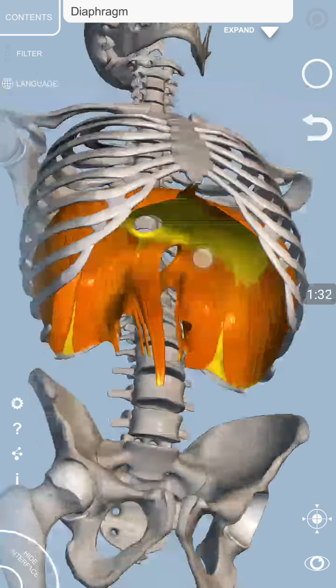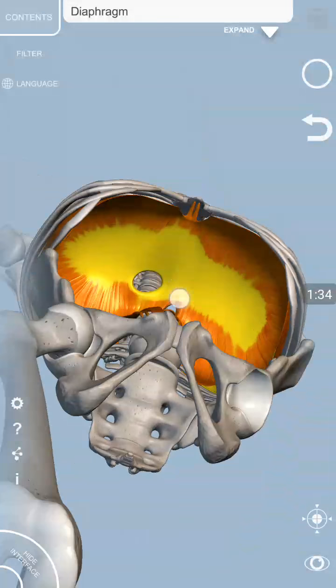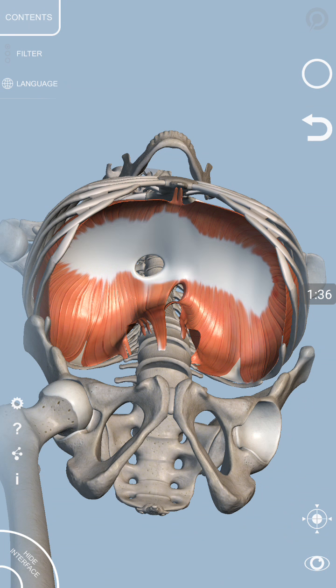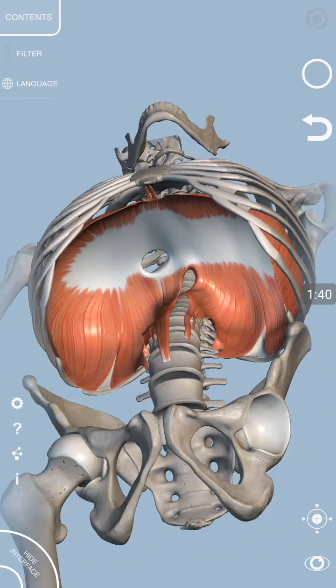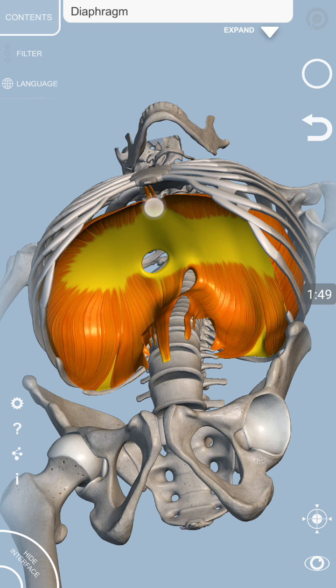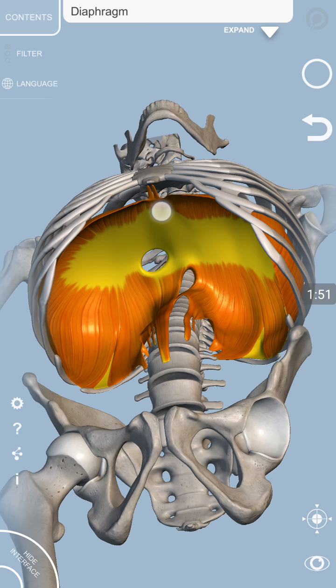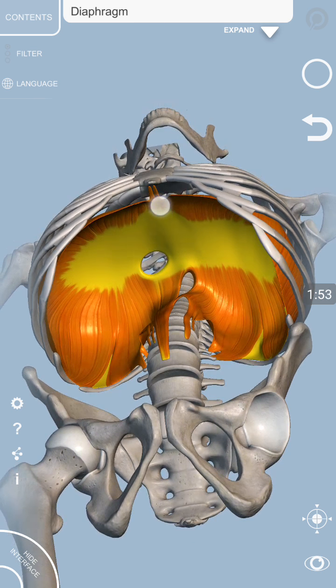So again, this diaphragm has been divided into different parts depending upon which part is originating from which surrounding bone. So this anterior part is also called the sternal part. It is originating from the sternum. As you can see, two slips are getting attached onto the posterior surface of the xiphoid process.